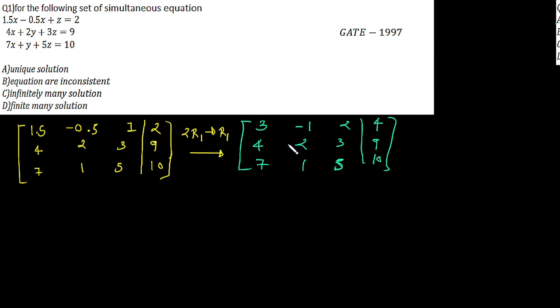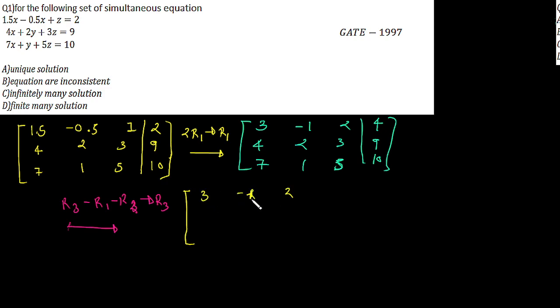So we can reduce this third row by a row operation. I just have to subtract R1 and R2 from row 3, sorry, here row 2, and it will be the new row 3.